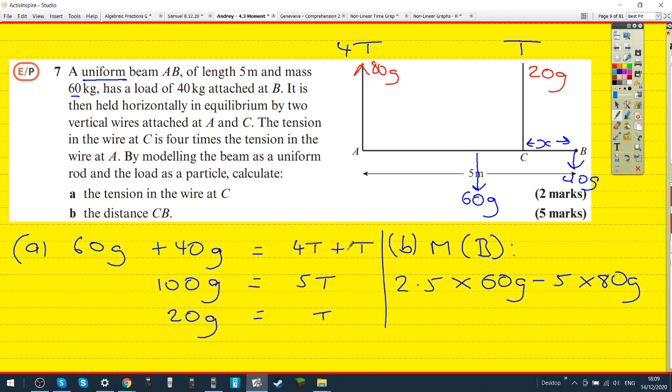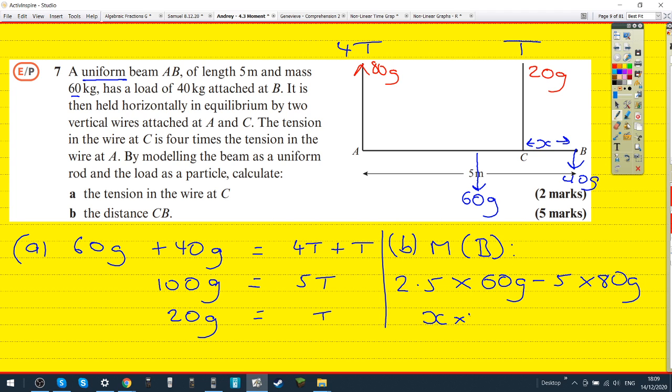So I need to find out the length of BC, which is x. So will it just be x times 60? The force x meters away from B isn't 60. 40, sorry. Oh no. What's the force x meters away from B? 20.